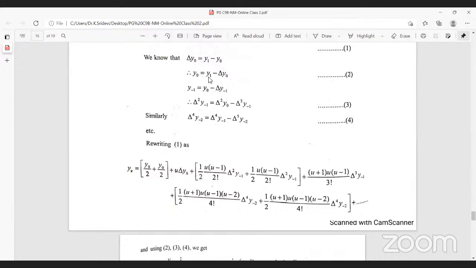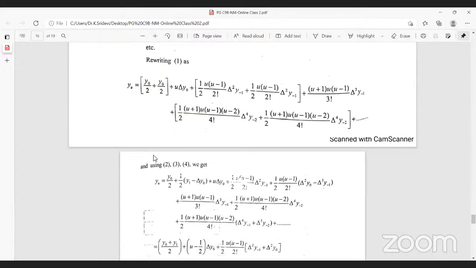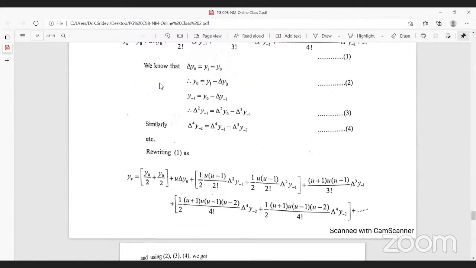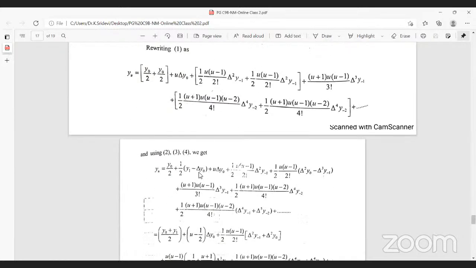Now using our conditions 1, 2, 3, 4. Take the first term y0 by 2, plus take y0 by 2 as the second term. Substitute y0 value here. What is y0? y1 minus delta y0, like this. Plus next u delta y0 is there, so put as it is, plus next term 1 by 2 u minus 1 by 2 factorial delta square y minus 1.